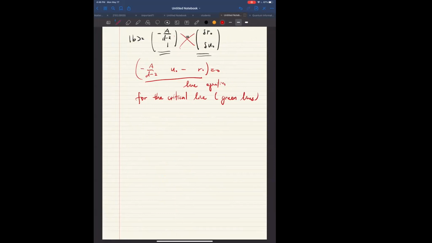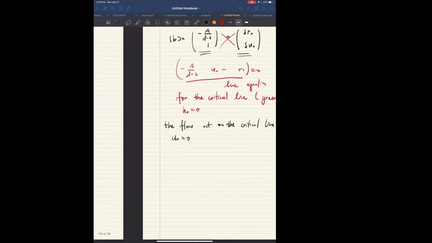And then we are analyzing mu equals 0, right? So next we are trying to understand the flow, not on the critical line or the mu equals 0 axis.